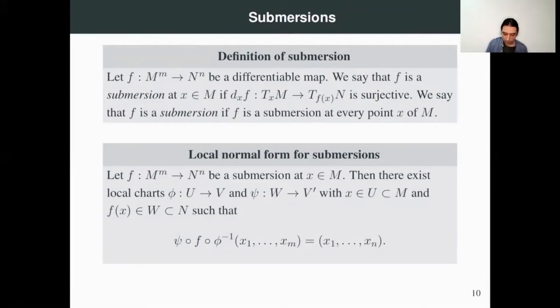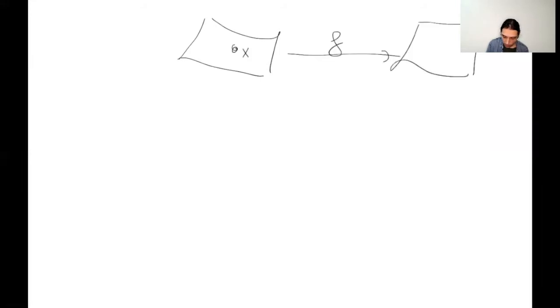Okay, how do we prove this? We are in a similar situation as in the case of the local normal form of immersions. Okay, it's more or less the same picture. Here we consider phi, psi.